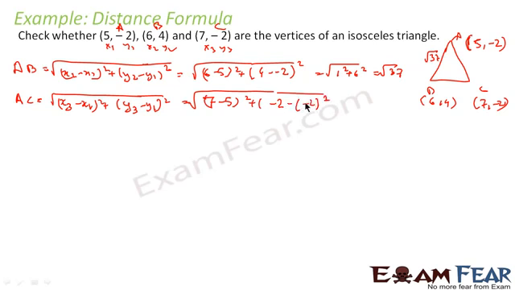Correct? So this becomes 7 minus 5, that is 2 square, plus 0 square, and that is 2. AC is 2.